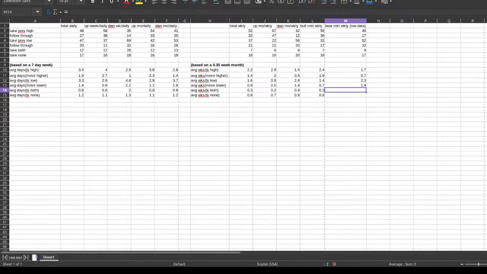That's what we end up with. And then average weeks to take both sides of the marketplace, that's going to be 0.09 times 4.35. Okay. And that's going to be 0.4. And then taking none is going to be 0.17 times 4.35, which is going to be 0.7. Okay.